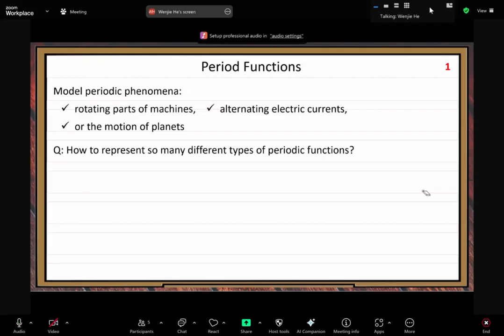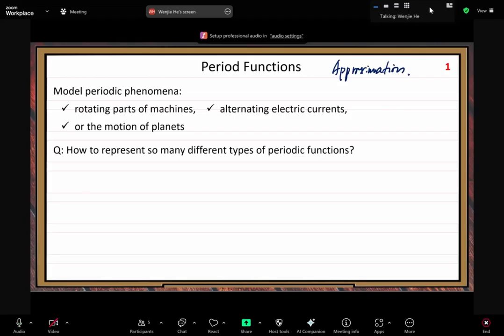But the question is how to do the approximation. When we do approximation, we want a good approximation. If you choose the appropriate structure in your function representations, then you can have a good approximation.